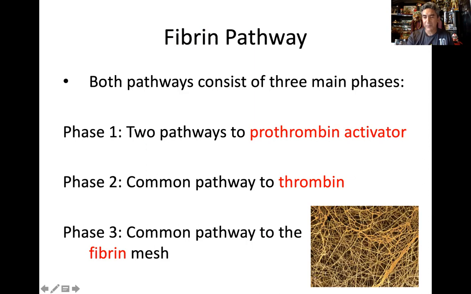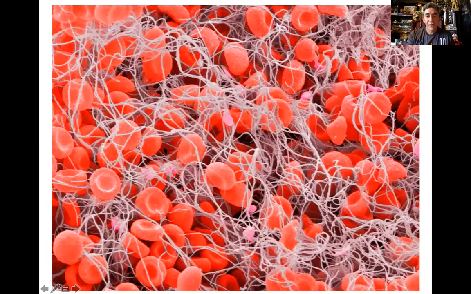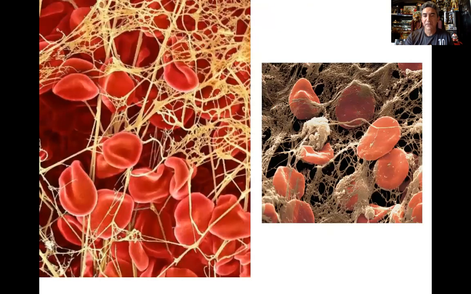That fibrin mesh looks like a big spider web. Our erythrocytes are getting trapped and stuck on the fibrin mesh. This is an important part of our clotting mechanism. Again, sticky fibrin sticking the erythrocytes here.